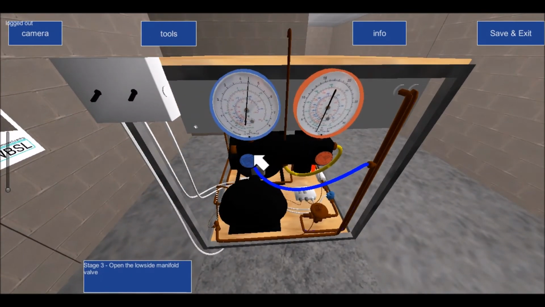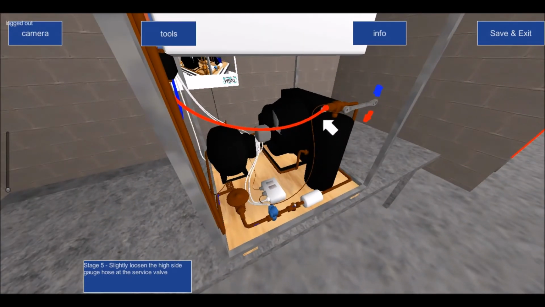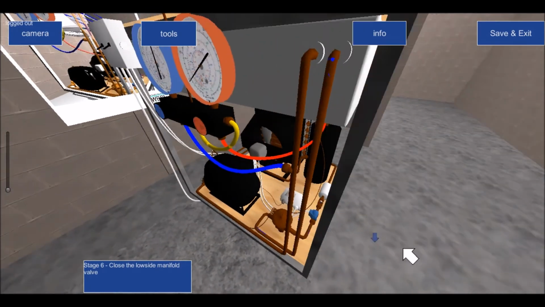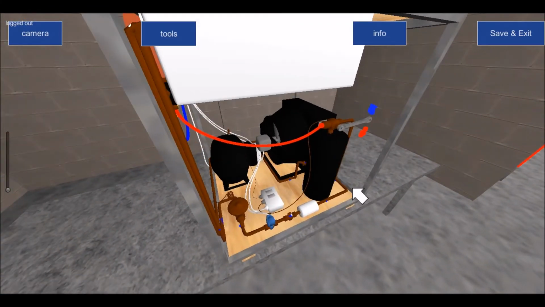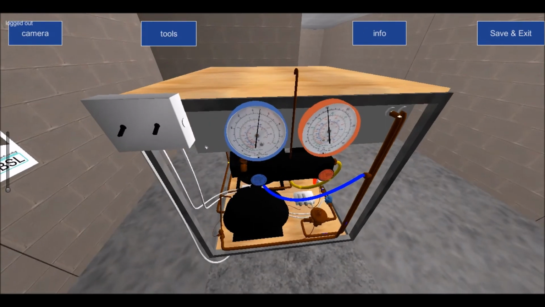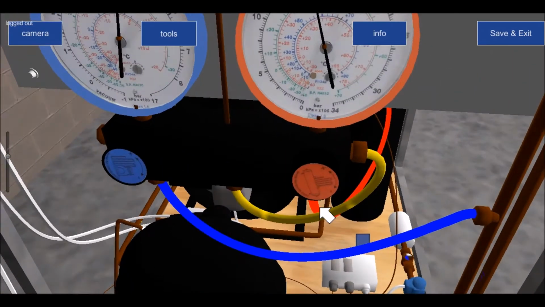I'm just going to fit on the gauges and do my purge. Okay, so where did I get the 15 bar? There it is there.